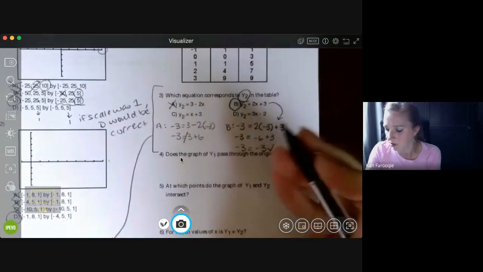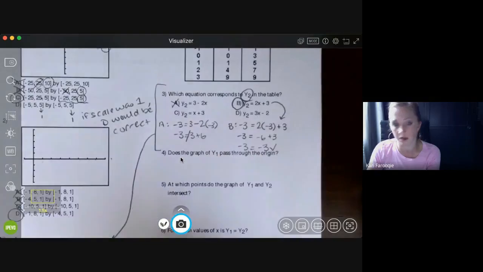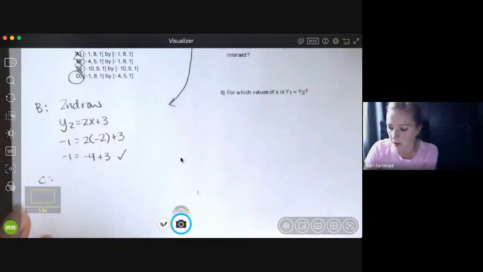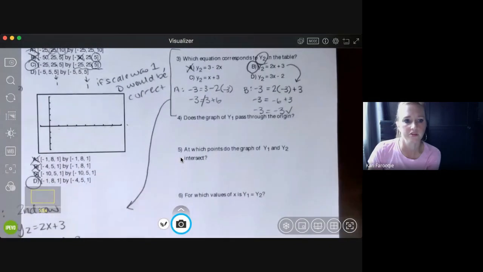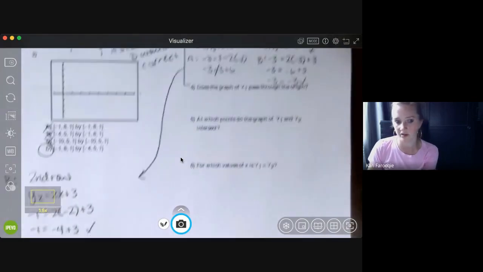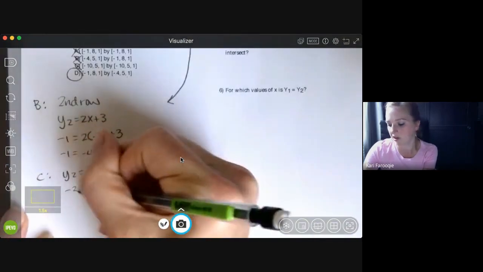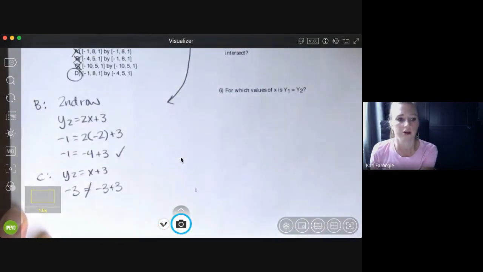Sometimes students are really good at just looking at these mentally. So you could see that maybe if x and y sub 2 were both negative 3, you could use option C. Sorry, I should zoom out a little bit. C is y sub 2 equals x plus 3. So you would be saying negative 3 equals negative 3 plus 3. Not true.